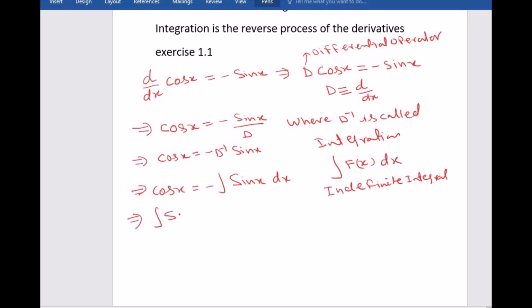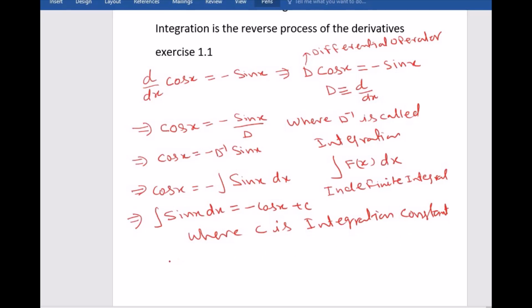That means the integration of sine x dx is equal to minus cosine x plus c, where this c is called the integration constant. This constant is an arbitrary constant.